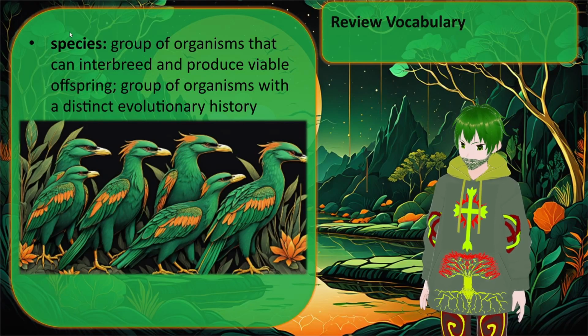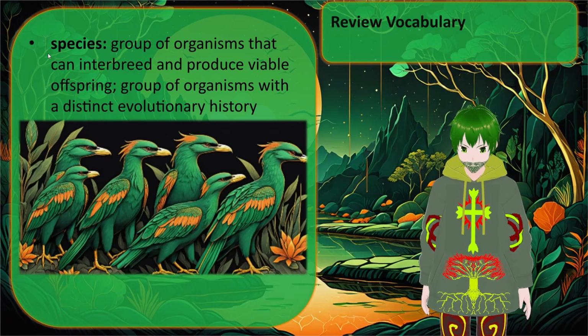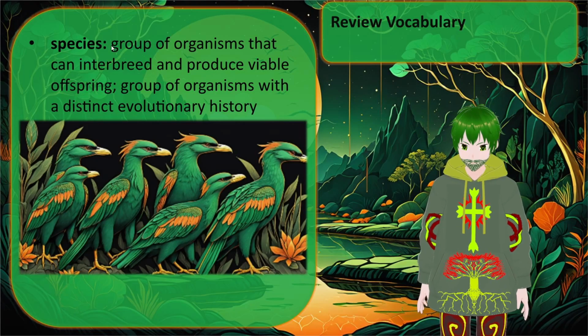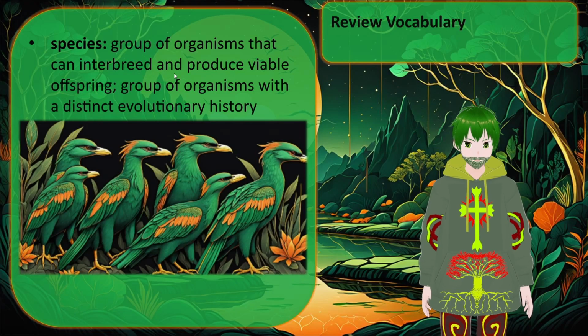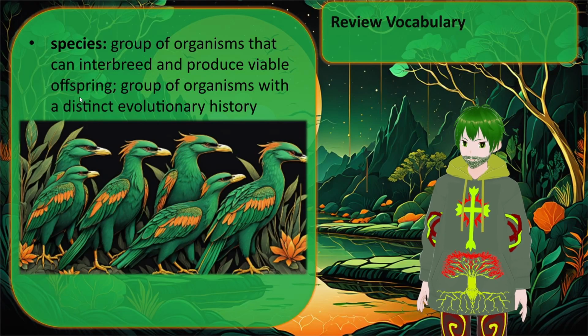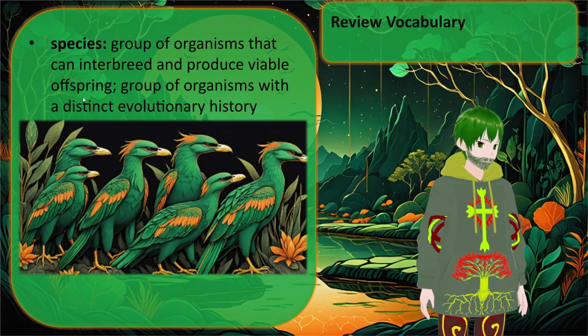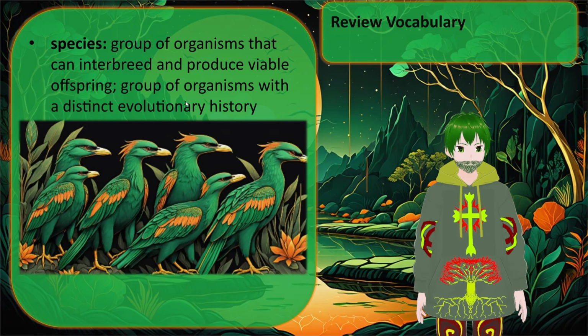Species is a word that hopefully in middle school you heard in another science class, but we're going to define it again, just in case you haven't, and as a review. A species is a group of organisms that can interbreed and produce viable offspring. Interbreed means mate to have children, and viable offspring means that the children can also mate with others to have children.